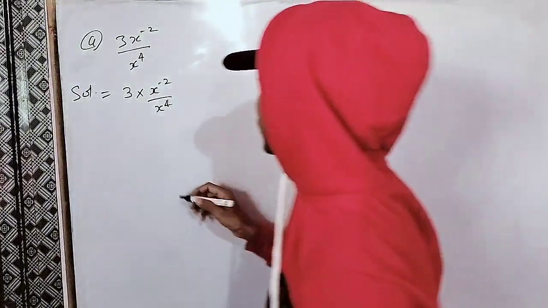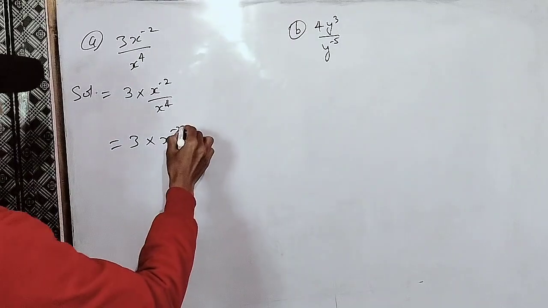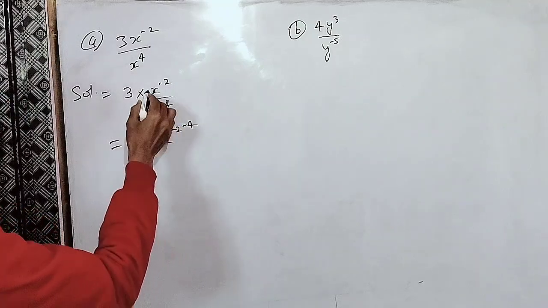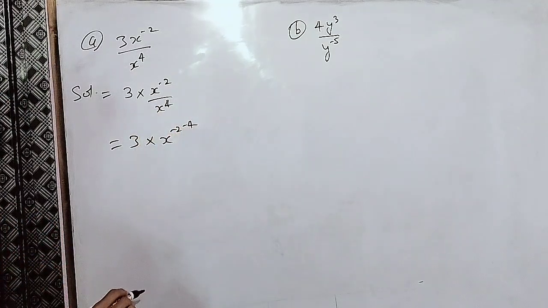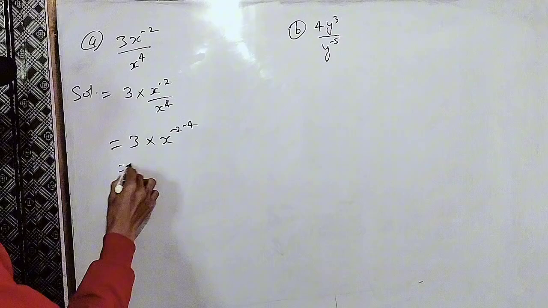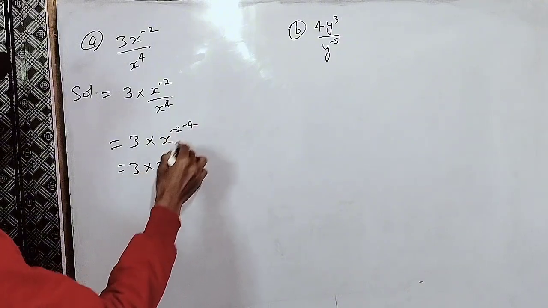By using the quotient rule? Yeah, of course. So let's see, 3 as it is, and x is common, and minus 2, and as you know this x to the 4 is 1 by x to the 4, so it is written x to the minus 4. So we know that the base is the same. Now we can solve it.